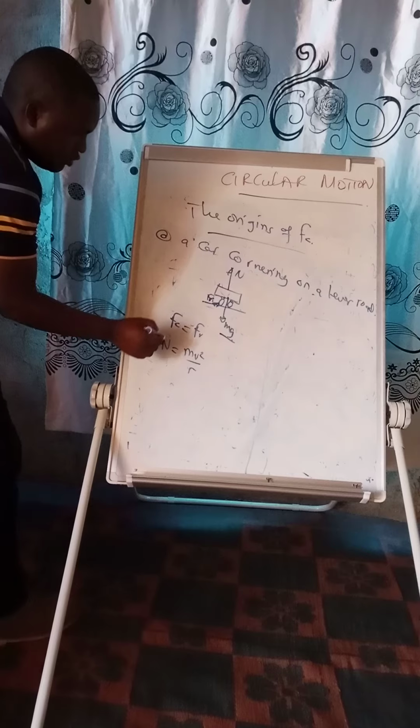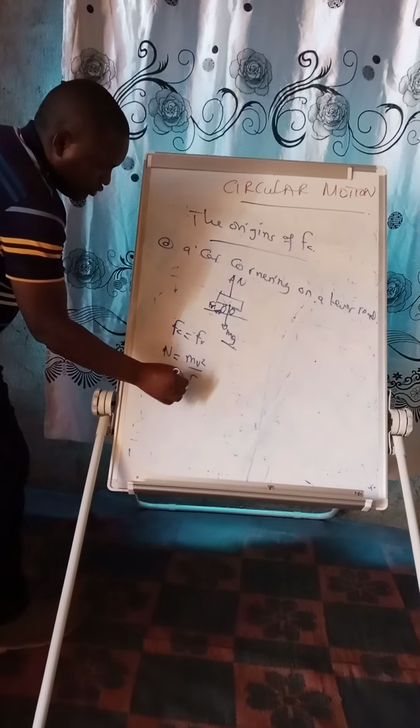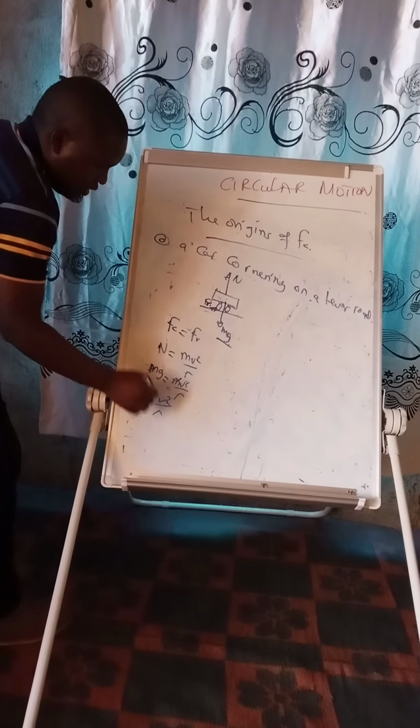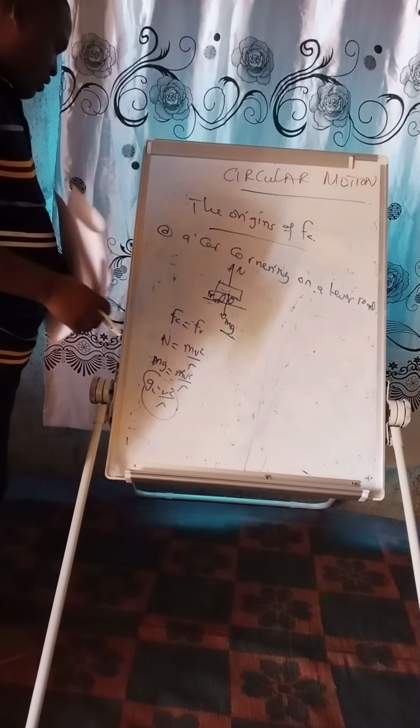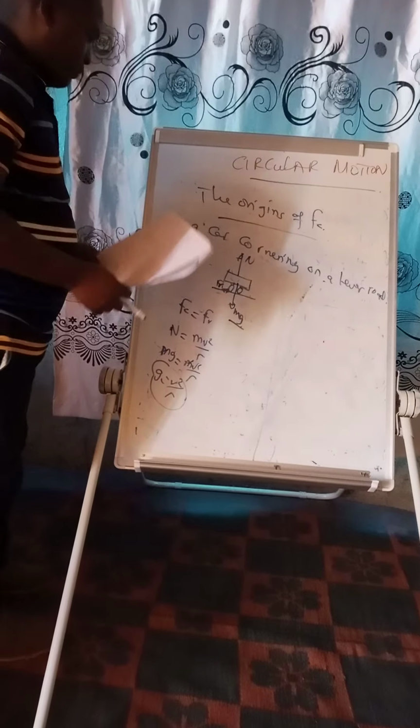But N, which is contact force, is balanced by mg. So our mg will be equal to mv squared over r. So g is equal to v squared over r. At this point, you can find even the velocity of the car to make a corner on a level road.